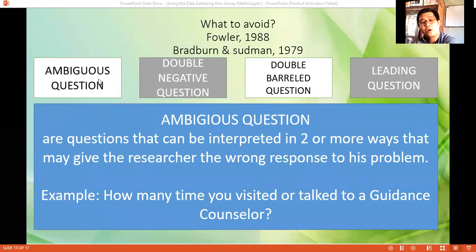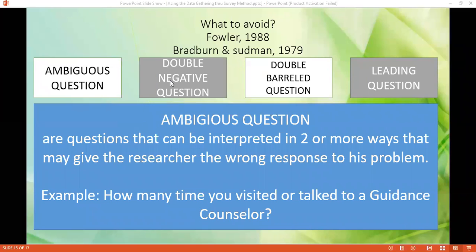Now, what are the things that we must consider? We must always remember, we need to prevent the use of ambiguous questions. These are questions that can be interpreted in 2 or more ways that may give the researcher the wrong response to his problem. Katulad kanina, no one is learning from it and it is difficult.